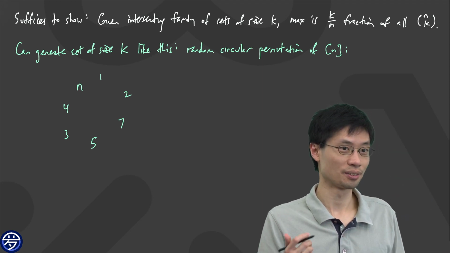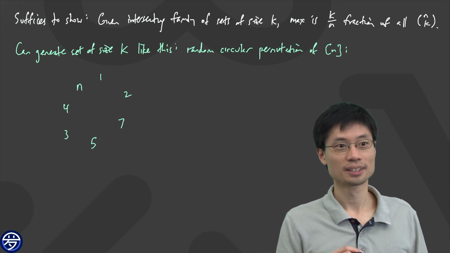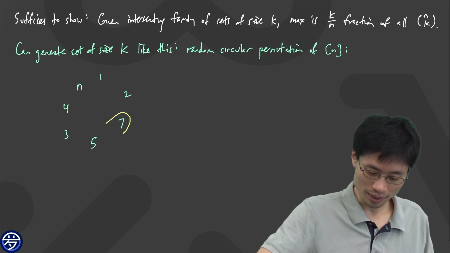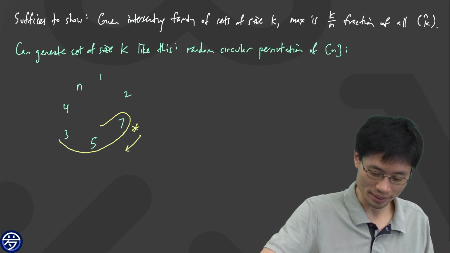I just need a procedure. Step 1 of the procedure: make this circle. Philip. Take a random point and take the k elements around. Yep. Take a random point, go this way, and take k elements.